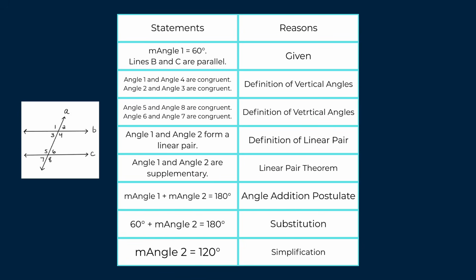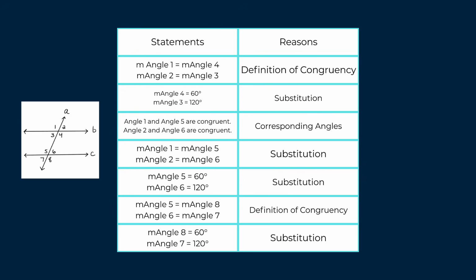The definition of congruency will be very important here in this transversal proof because everything is congruent to everything else, meaning that if we want to prove they have the same size, we will have to use the definition of congruency a lot. So the definition of congruency states that the measure of angle 1 is equal to the measure of angle 4, and the measure of angle 2 is equal to the measure of angle 3. So by substitution, the measure of angle 4 is 60 degrees, and the measure of angle 3 is 120 degrees.